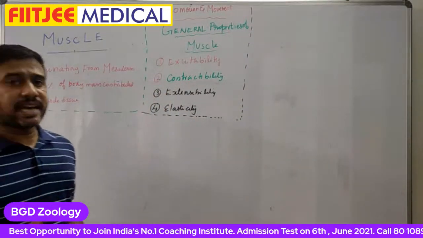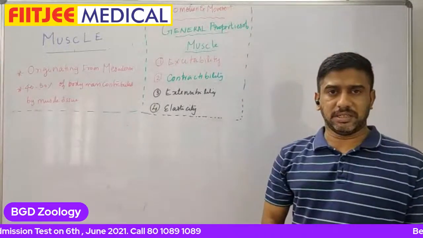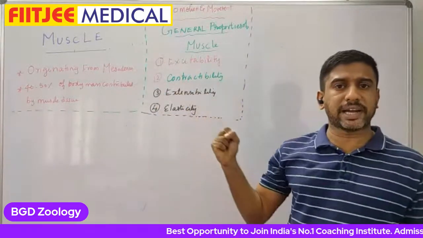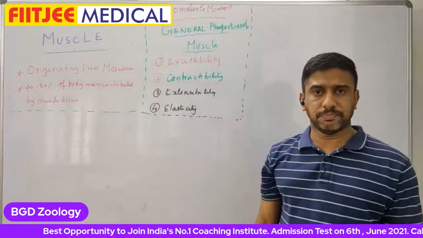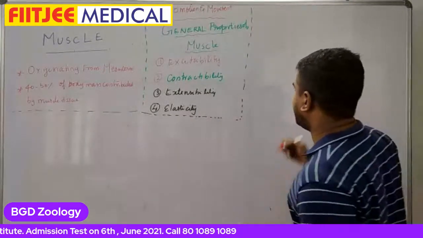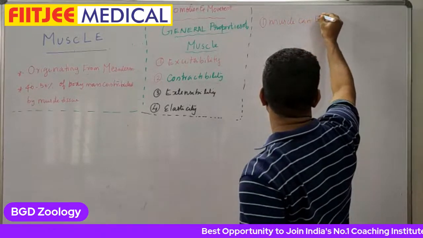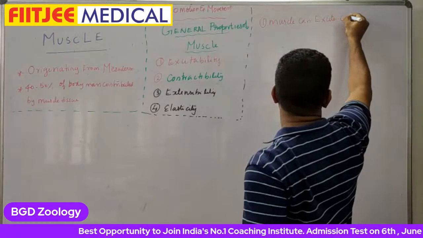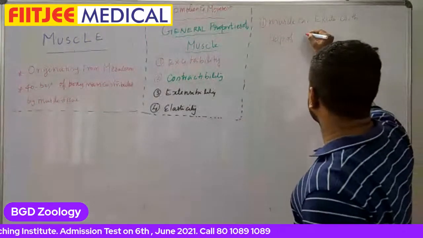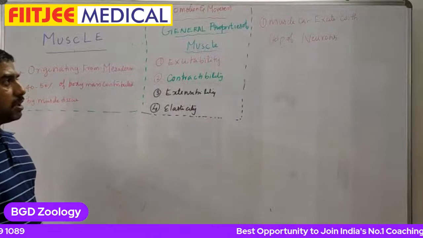Take an example. If any muscle gets excited, it will contract, it will extend, and it will come back to its normal position. Am I right? So what is the exact meaning of excitability? Muscles can be excited with the help of neurons. We will discuss that later.